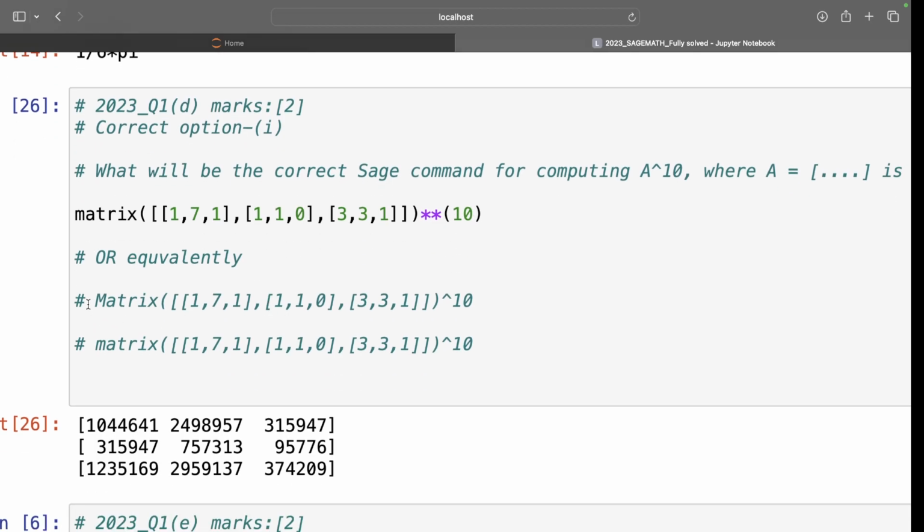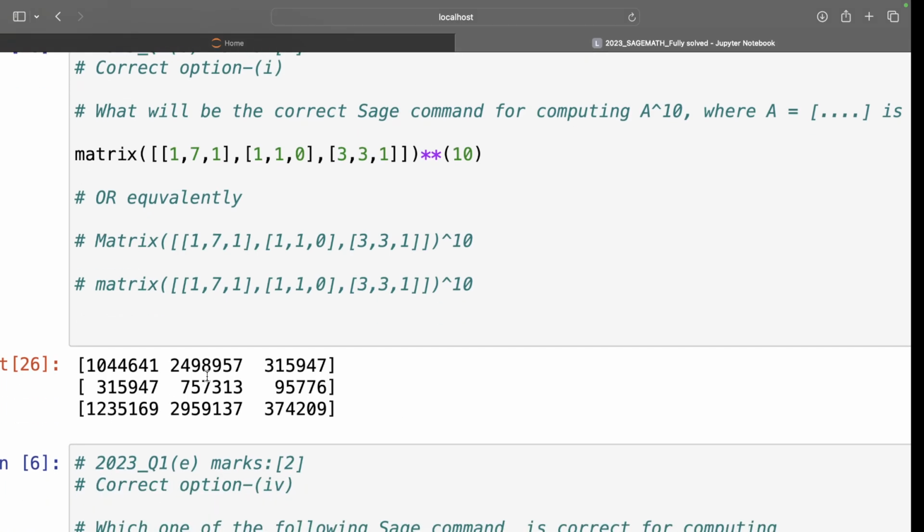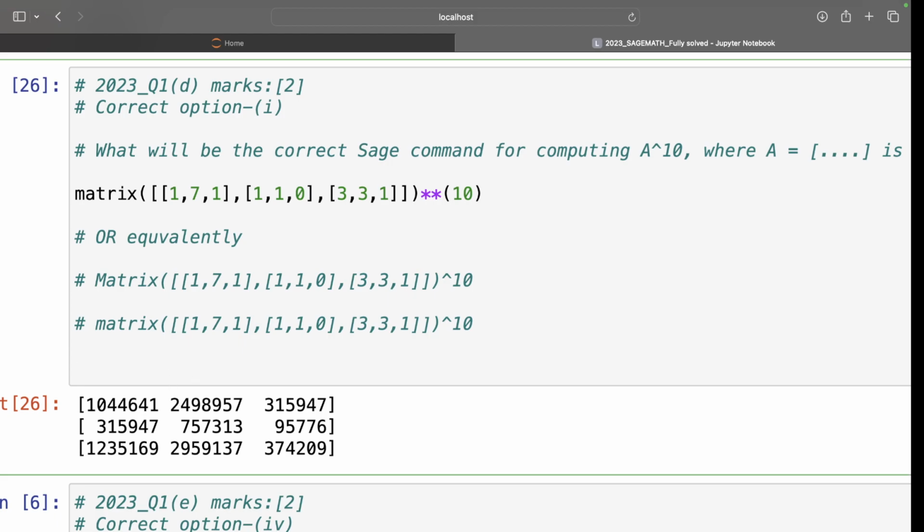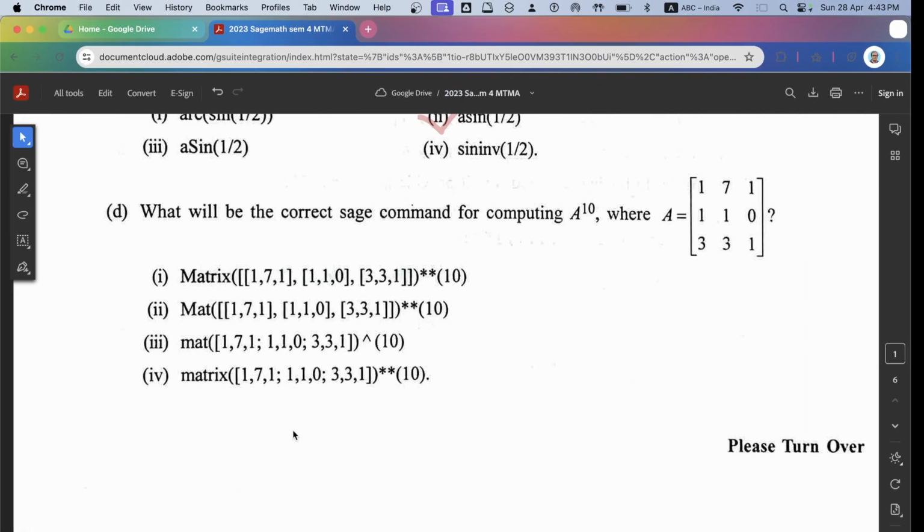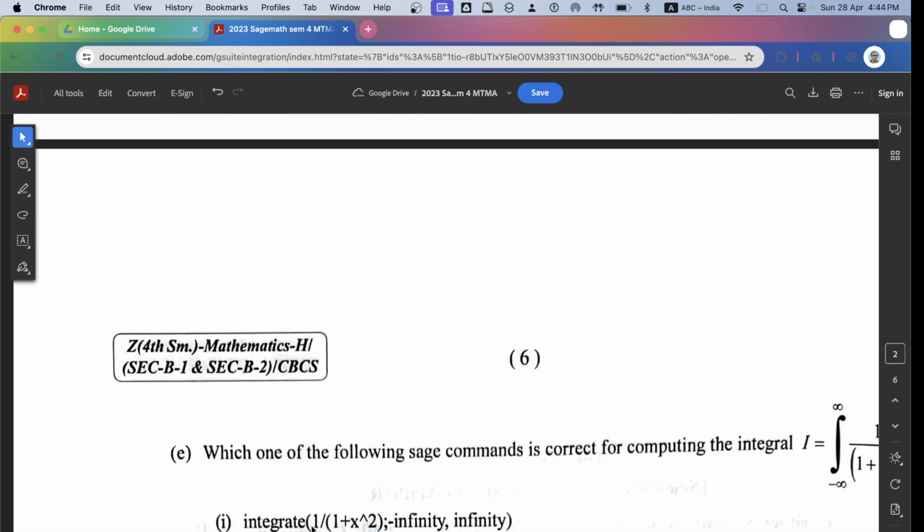Or you can write this matrix capital N here, and the caret sign to the power 10, or small n caret sign 10, compute this. So the correct answer is either this, 10, 1, correct option is 1. It is wrong, it is also wrong, so the correct option is 1.